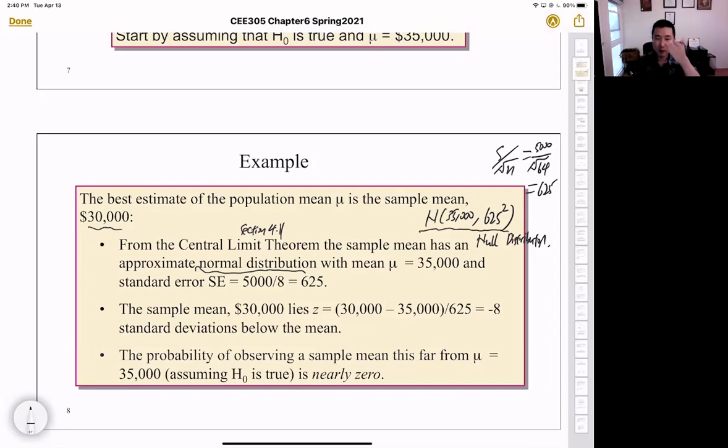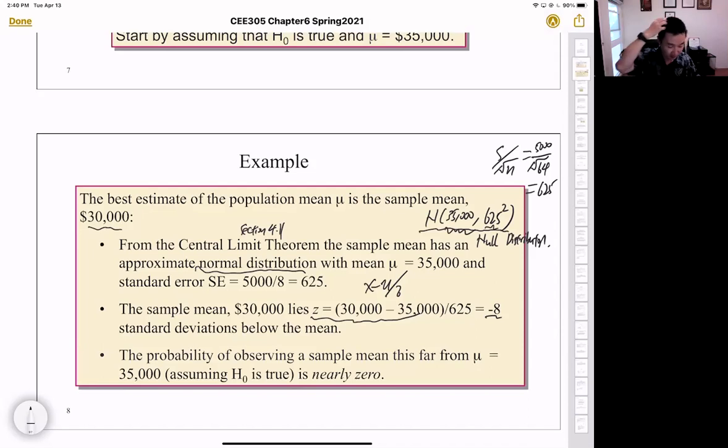So x minus the mean, divided by sigma, the standard deviation. The mean value is 35,000, as we assume, and sigma is 625. So the calculated z-score is -8.